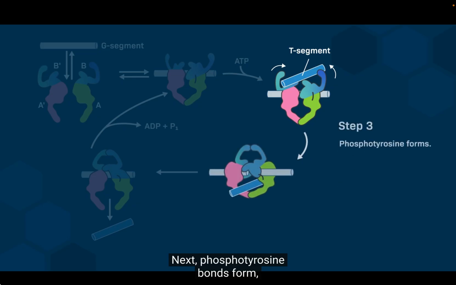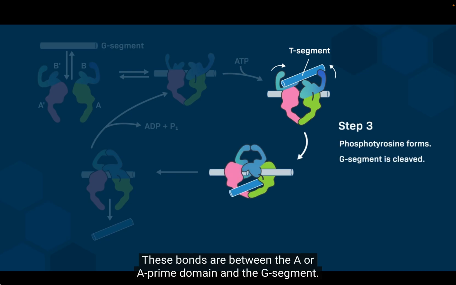Next, phosphotyrosine bonds form, which cleaves the G segment. These bonds are between the A or A prime domain and the G segment.